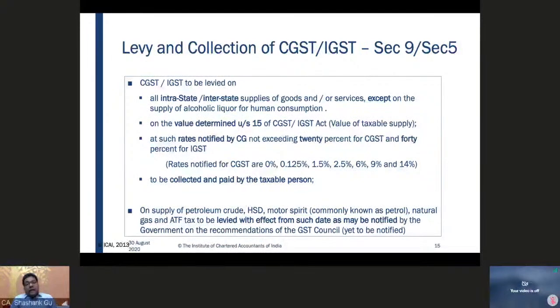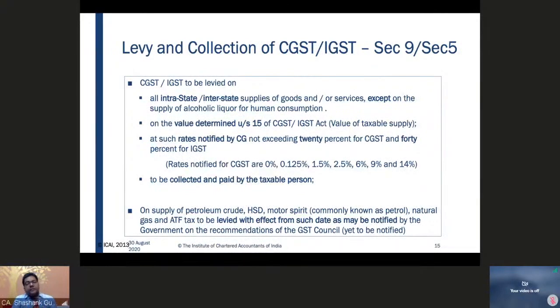And who will be liable to collect and pay this tax? Because GST is an indirect tax, it will have to be collected and paid by the taxable person. So friends, what you see in this section actually has a great learning from the past.